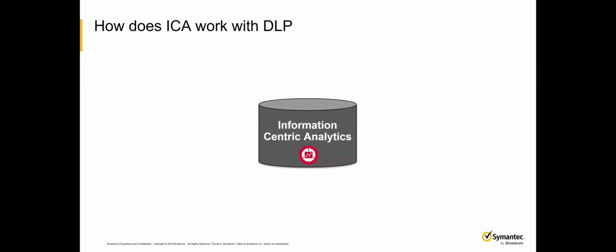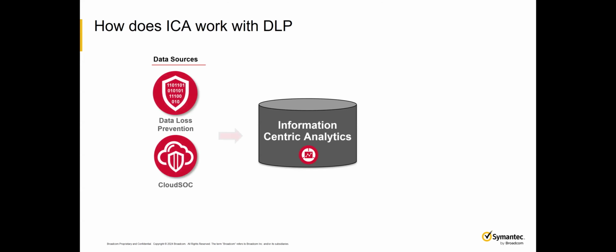Following initial ICA installation, ICA is a blank canvas. First, you need to feed in the DLP data into ICA for it to be analyzed. So in our scenario now, be that DLP core or CloudSOC.